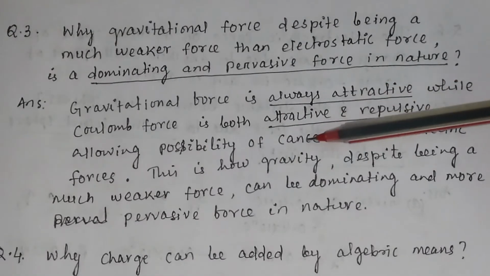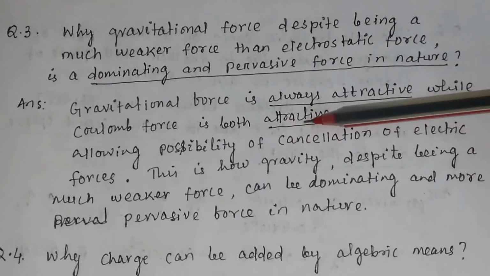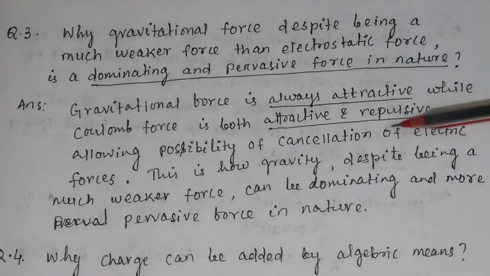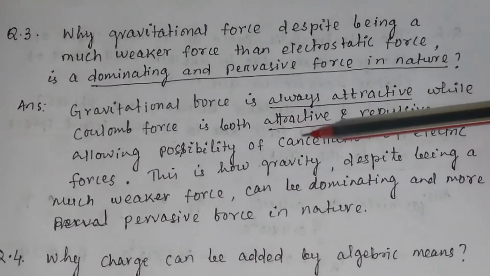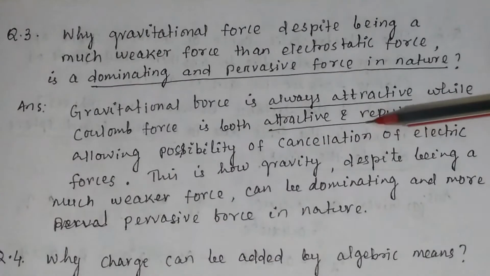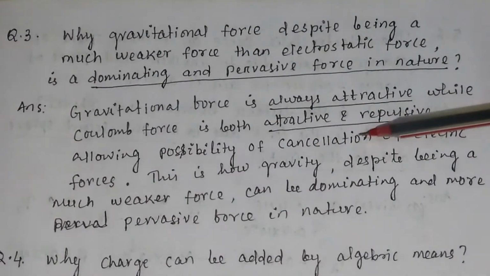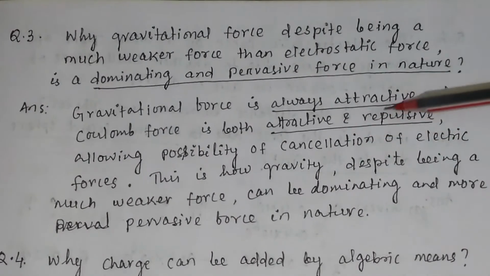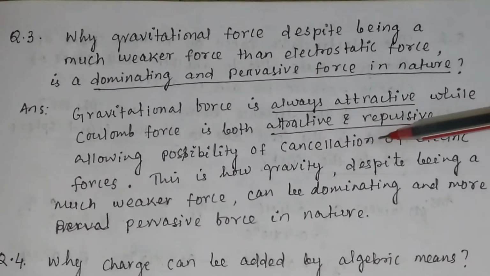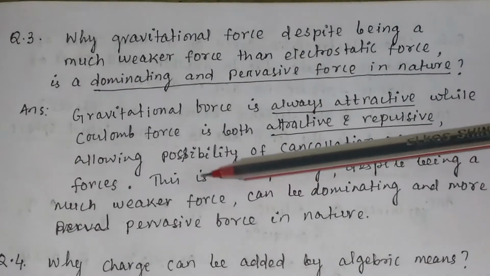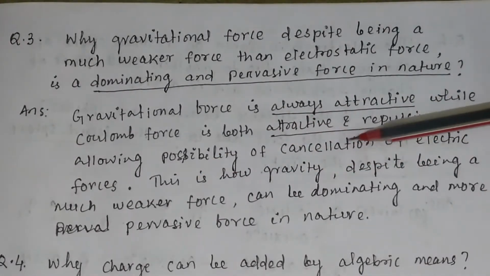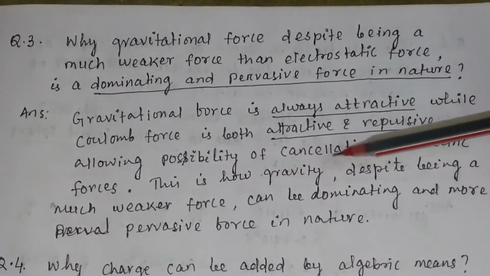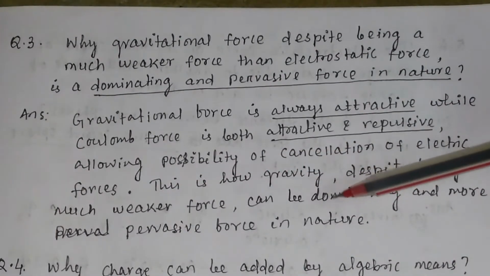This may be because gravitational force is always attractive, that is positive, and Coulomb's force is attractive and repulsive, that is positive and negative. This may be the reason why gravity, despite being a very weak force, is a dominating force in nature.